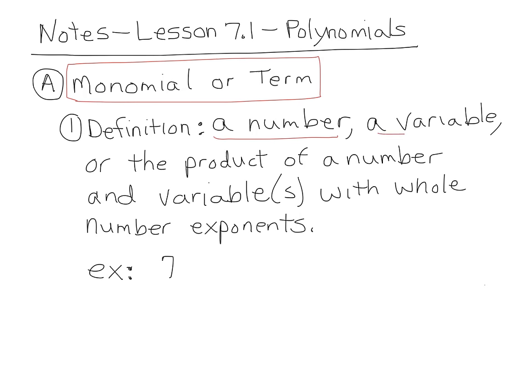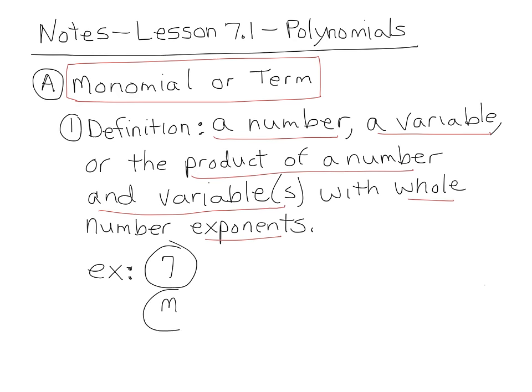It could be a variable, for example, M. Or it could be the product of a number and variables, and the variables are going to have whole number exponents. Remember now, product means the answer to a multiplication.